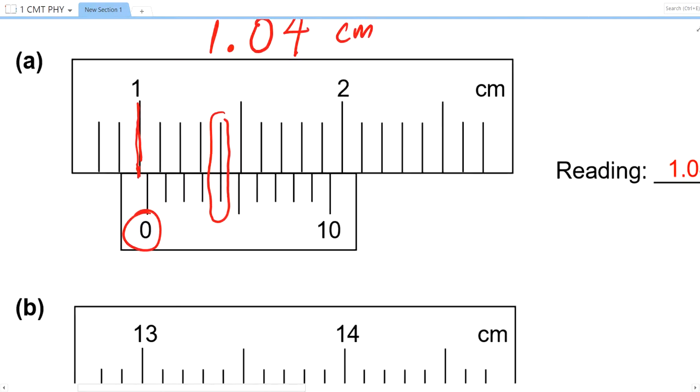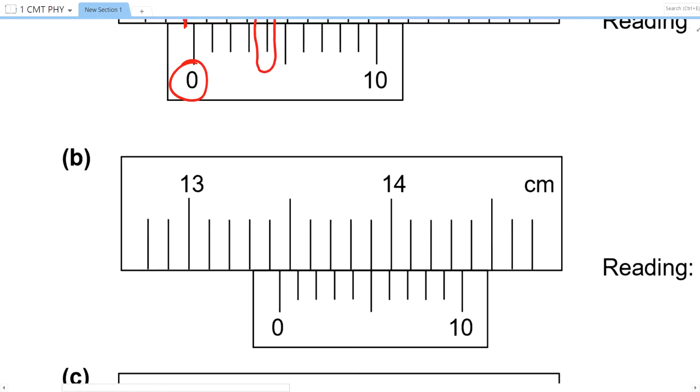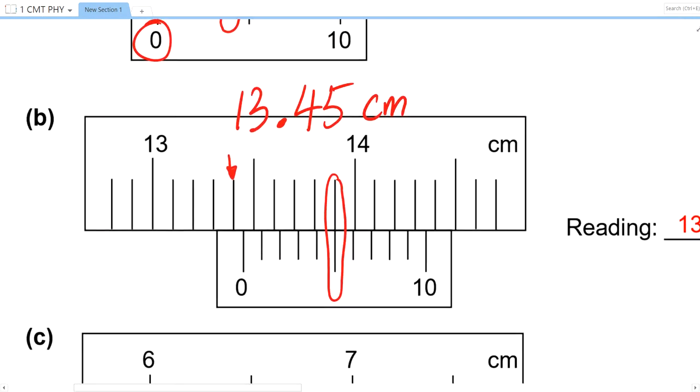Okay, next. Next one, B. What is the reading? 13.4. This one over here, right? 13.4 and 5. Okay, 13.45 cm. No units will be wrong.